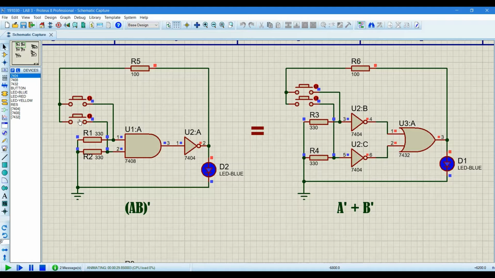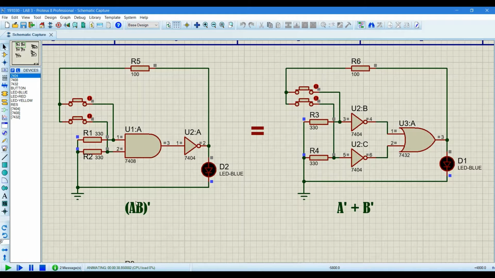So at both low state, 0 0, the LED is at high state, and for 1 0 the LED is on. Both are 1 1, both LEDs are off.